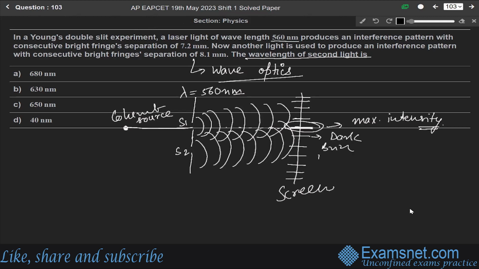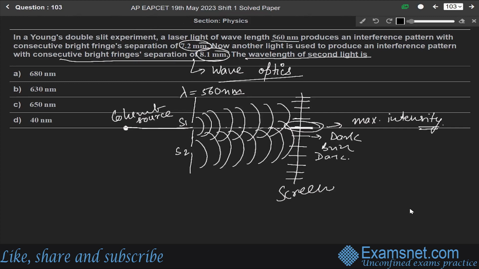According to the question, the consecutive bright fringes have a separation of 7.2 millimeter, and another light is coming, let us say from another coherent source, forming an interference pattern with consecutive bright fringes of separation 8.1 millimeter.